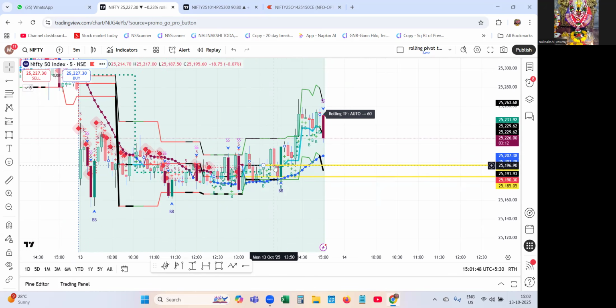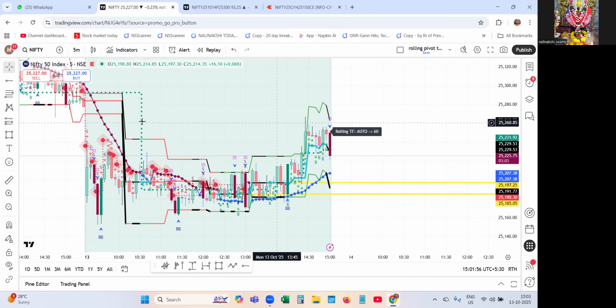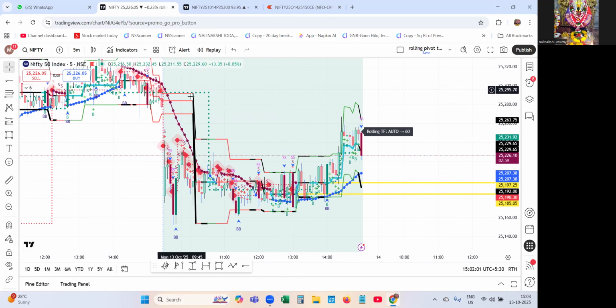From there, the market started moving from 25,197 to 25,266.